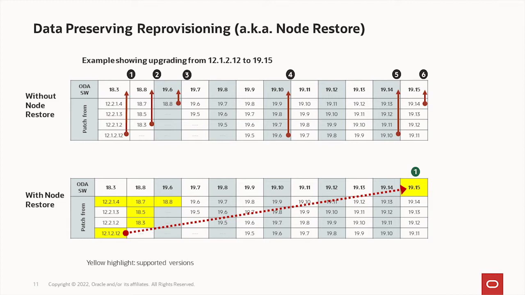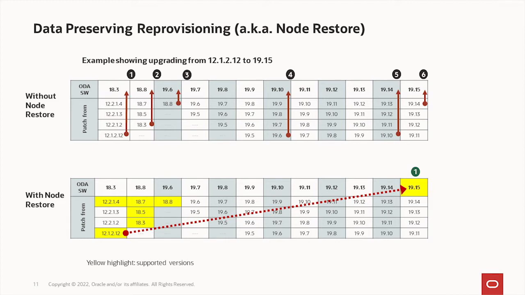All your databases are still on ASM, and then you reimage the system node, directly upgrade to 19.15 with the ODA software, and then reattach the databases to the brand new system node. Now, the downside is that because we put all the new database homes on ACFS, all the customization needs to be reapplied. So that's one caveat, but it's a very powerful feature, right?